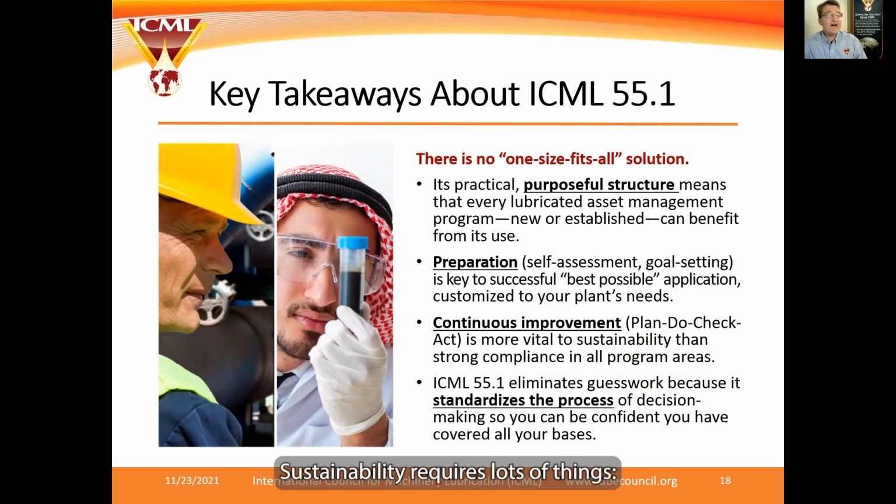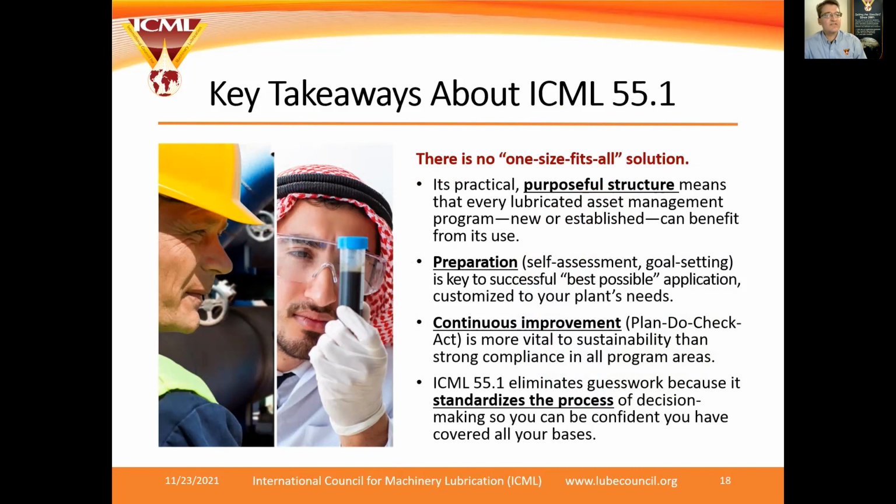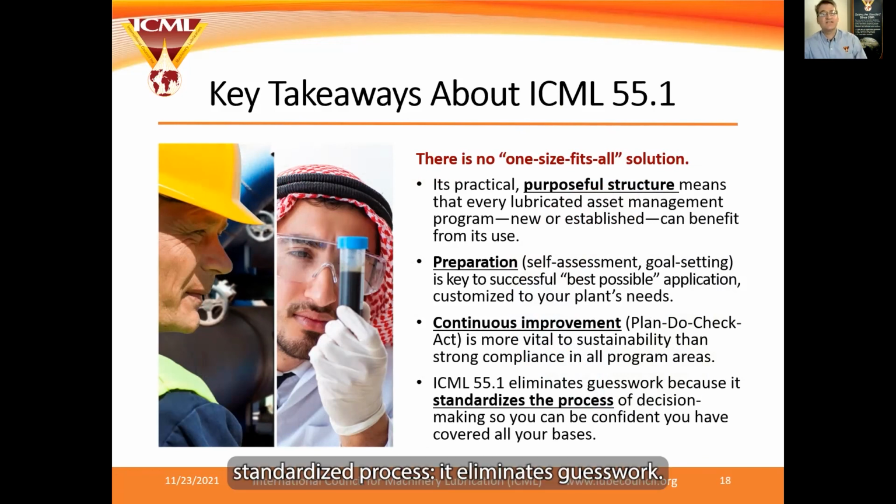Sustainability requires lots of things, technical expertise, managerial buy-in, and all that. But continuous improvement is vital. It's more important than solid and consistent activity across the board. Finally, standardized process. It eliminates guesswork. ICML 55.1 defines parameters from start to finish.